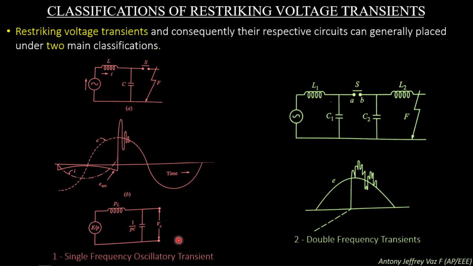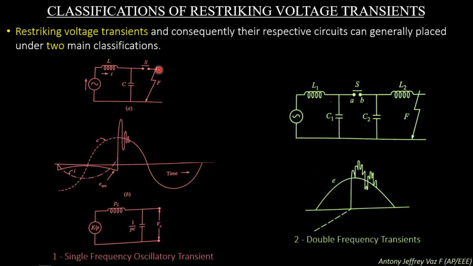The second one is the double frequency transient. The difference between the single frequency oscillatory transient and the double frequency transient is the fault, which is occurring here in the short transmission line, is very near.